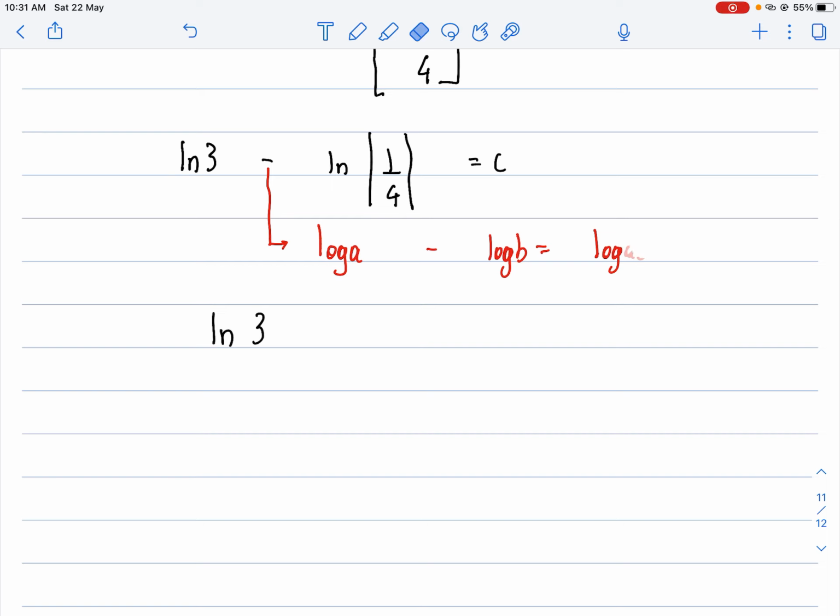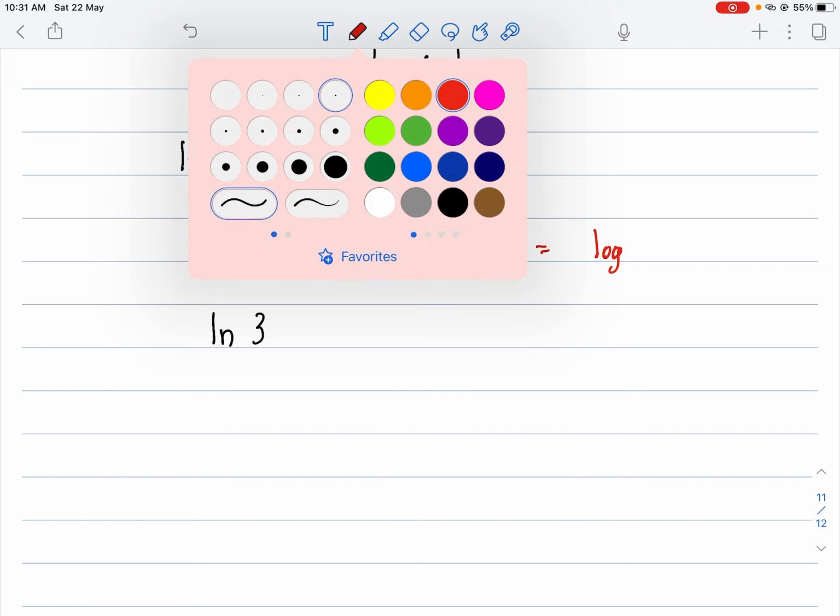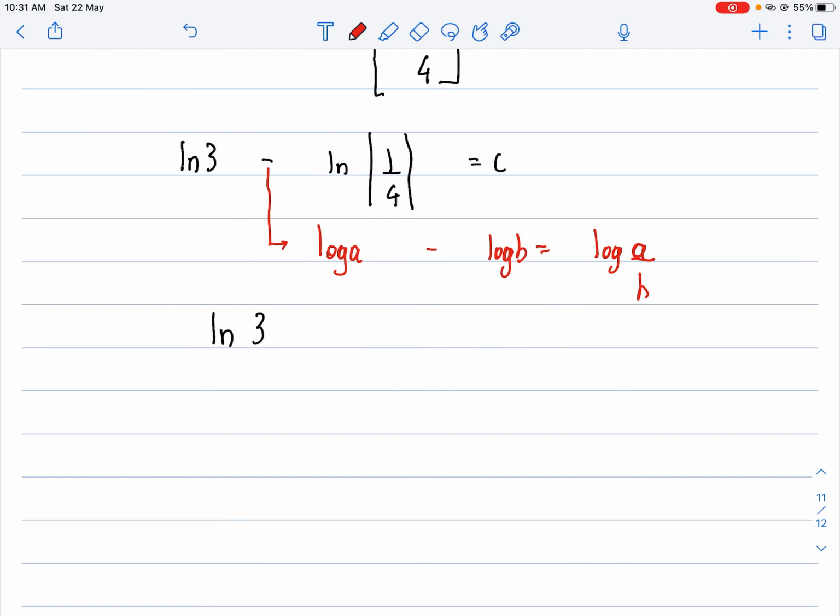Sorry, I wrote the formula wrong here, my bad. So now this is ln 3 divided by 1 over 4 equals c, which gives me my c as ln 12.